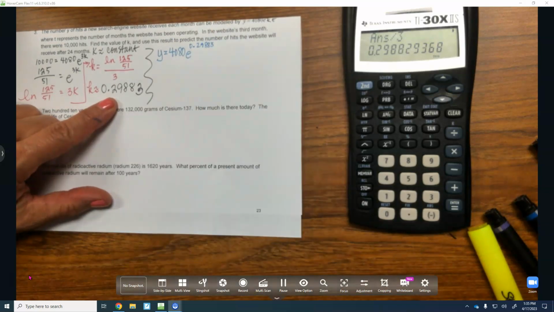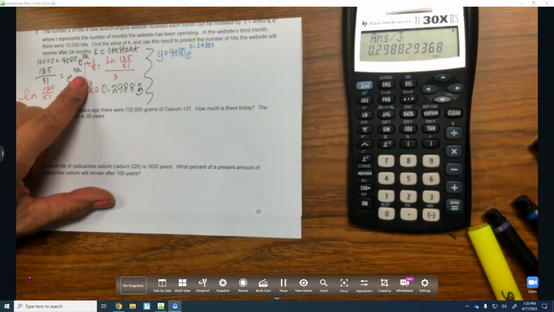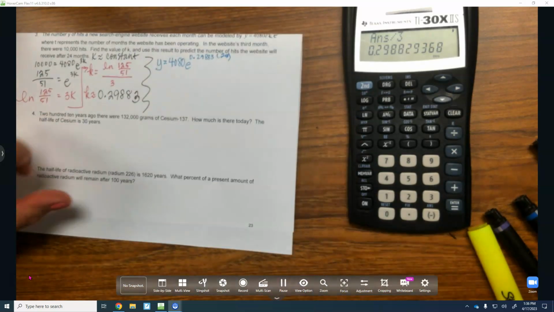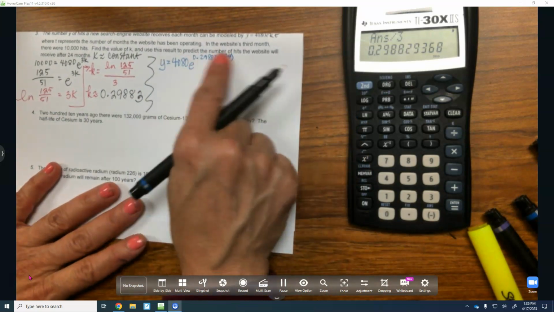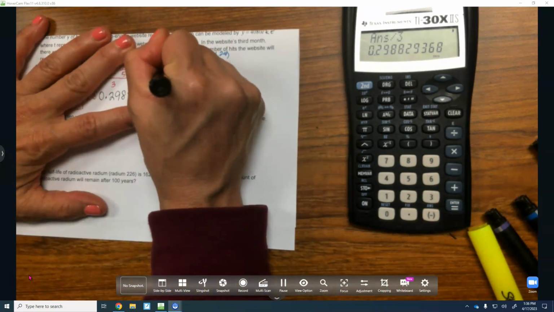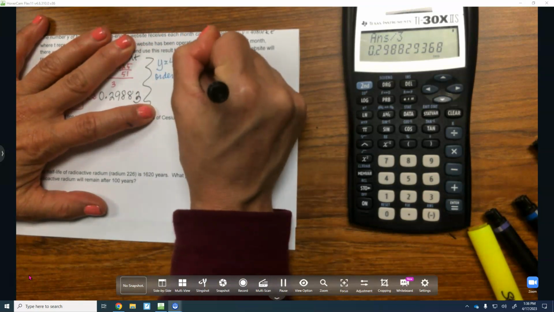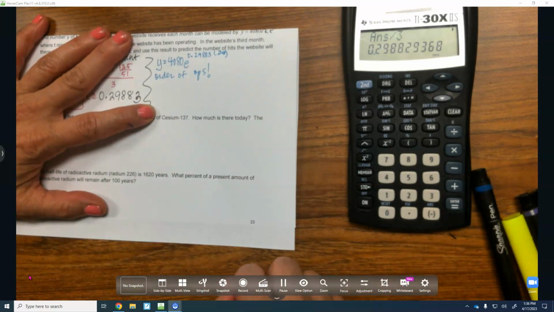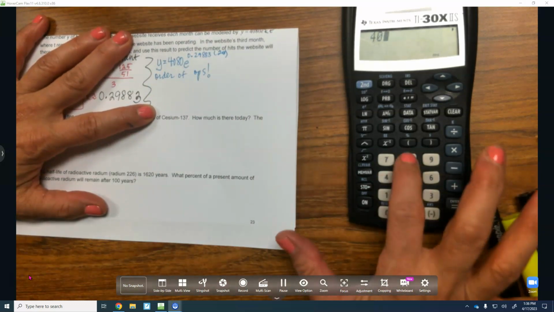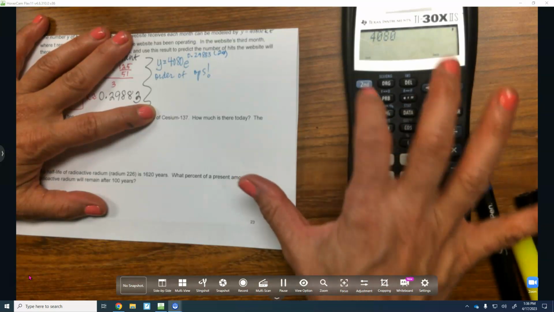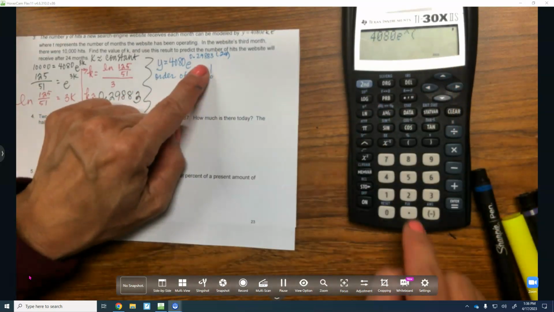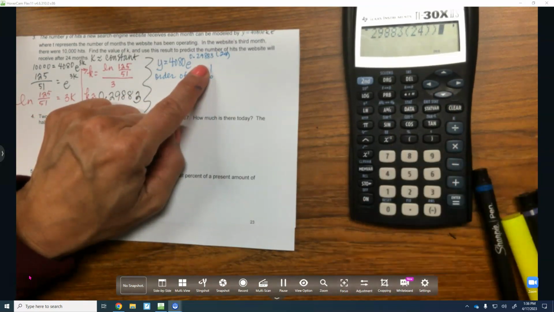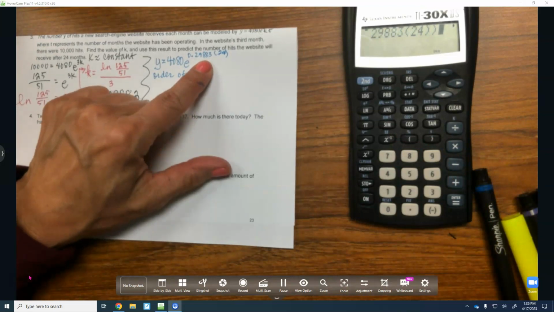And remember, this time we don't know how many hits, but we do know it's going to be 24 months. So let's put 24 right here. Now, if you notice, I don't have any variable, guys. This is just order of operations. There's no variable over here. So we're just going to plug this in. It's going to be 4080 times e, and remember, e has an exponent of 0.29883 times 24.